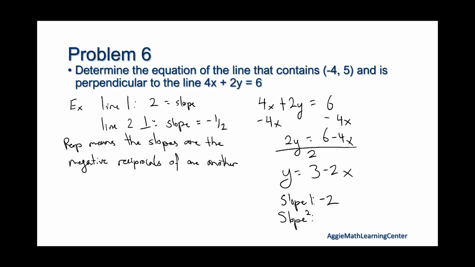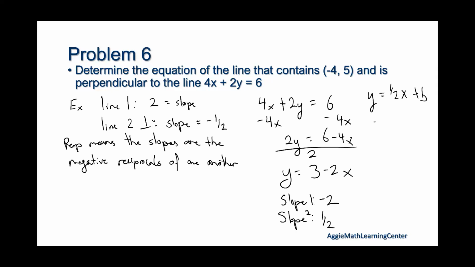Okay, so if we want a line perpendicular, then we're going to have the negative reciprocal, which in this case would be positive 1/2. So we know that we have something of the form y equals 1/2 x plus b, and we know it goes through the point negative 4, 5.